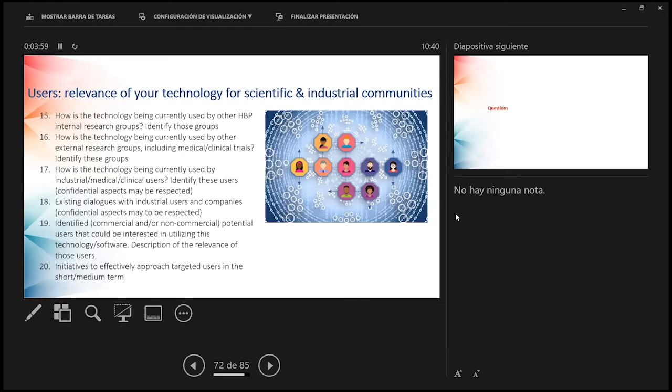If the solution is a co-development of different partners, at least, there is always a leader of this technology, the person that really is, let's say, the owner, in brackets, of this technology.